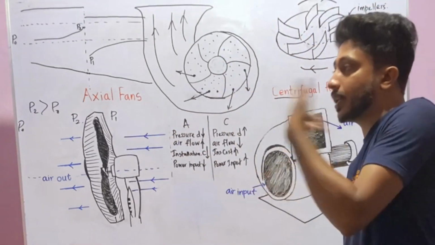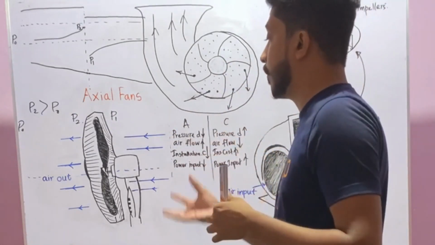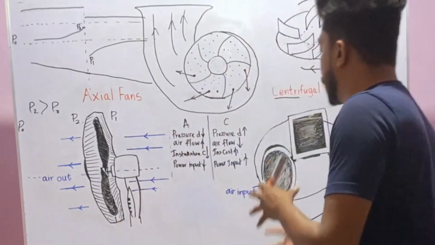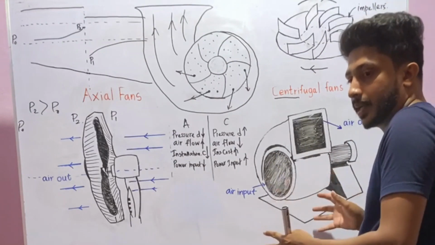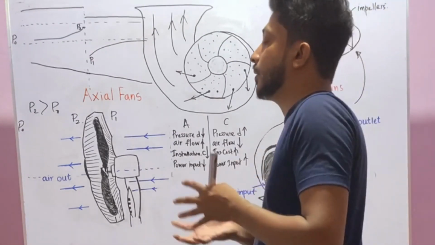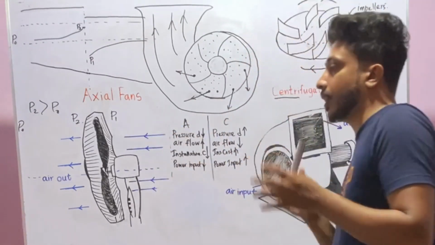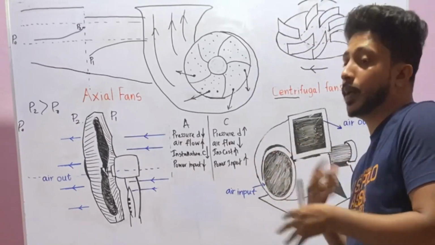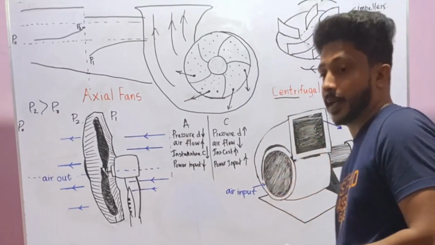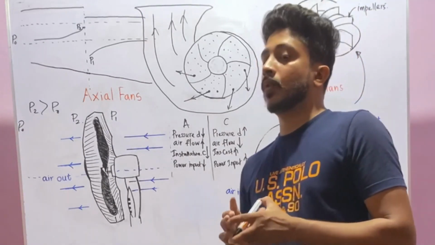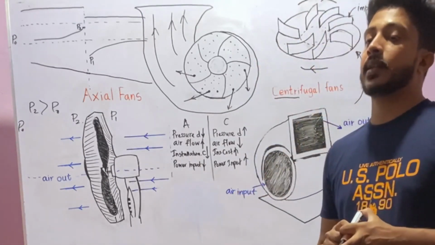So in the next video we are going to discuss the categories of axial fan and the categories of centrifugal fan due to impeller types, and the differences or performance characteristics of centrifugal fans due to the impeller types. Okay, so we will meet in the next video.